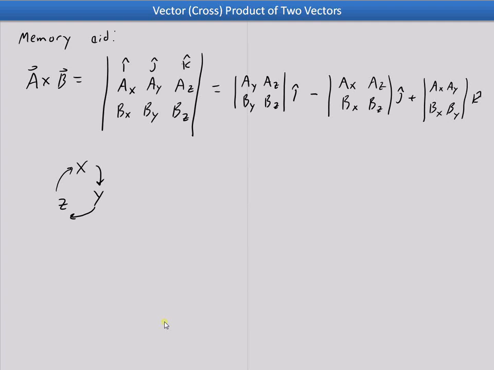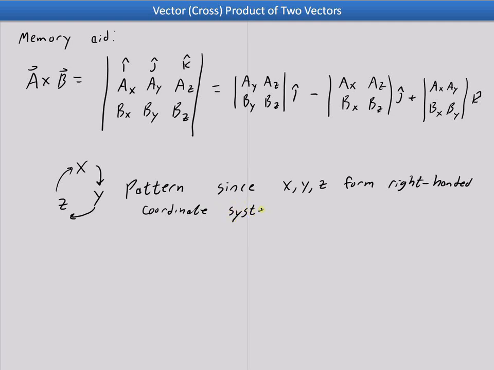Okay, now you might wonder, why is that? Well, the reason is that x, y, and z form a right-handed coordinate system. They necessarily follow the right-hand rule. If you think about your coordinate system, you've got x, you've got y.